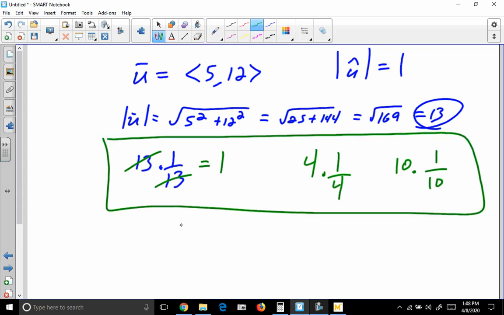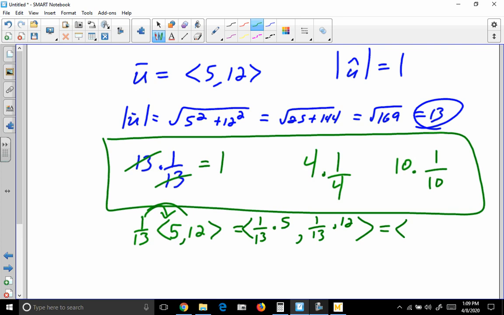So if our vector u is that vector, if we want it to be 1 unit long, we want 1/13 of that vector. So 1/13 of 5 and 1/13 of 12.